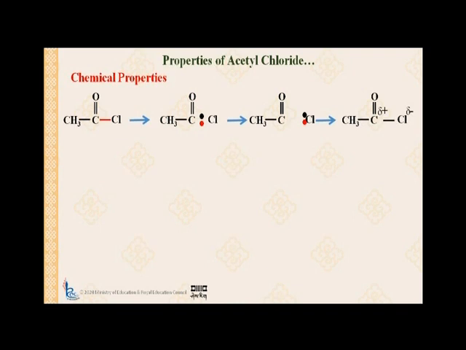On top of that, because of the difference in electronegativity between chlorine and carbon, the magnitude of positive charge on carbon has increased a lot. So if I magnify it, the carbon in the center, known as the acyl carbon, has a large positive charge. Number one, because of the negative inductive effect of the oxygen that I presented earlier, and number two, because of the difference in electronegativity between chlorine and carbon.